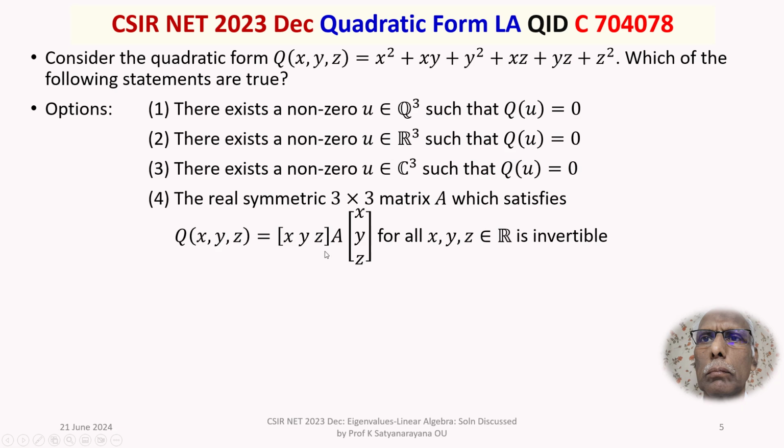That means, in other words, A is the matrix of the quadratic form Q of x, y, z. And option 4 says we have to show whether A is invertible or not. Agreed?